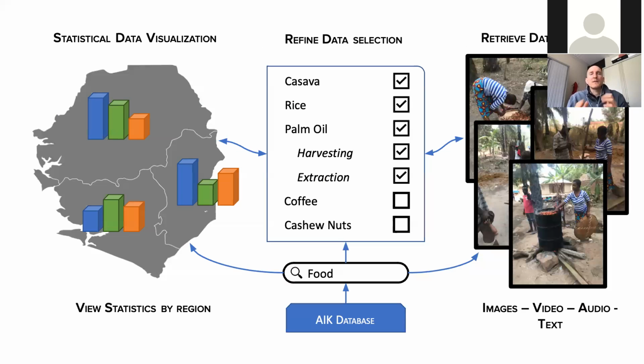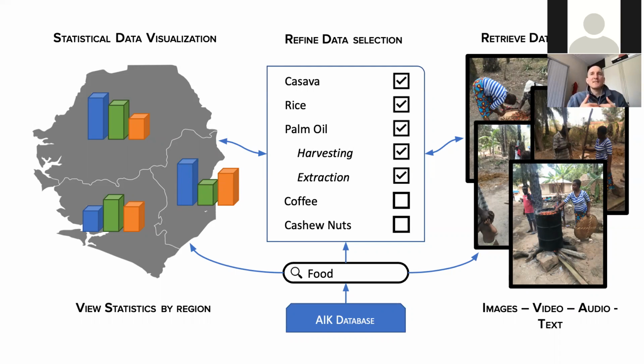And so the concept of this pilot project is that they wanted to demonstrate they could build this database, the AIK database, and a platform that would allow scientists and also citizens to access it. So the idea is that we would have this database. It has media resources, things like images, video, audio, and text in it.